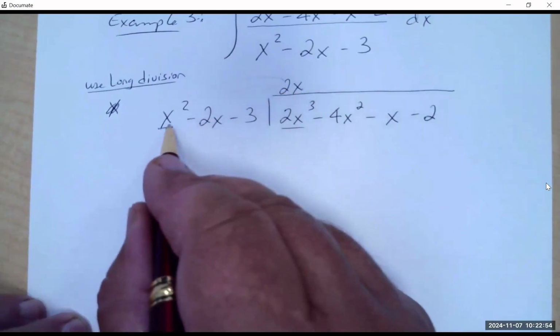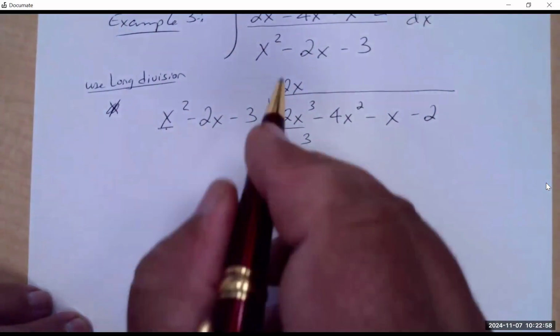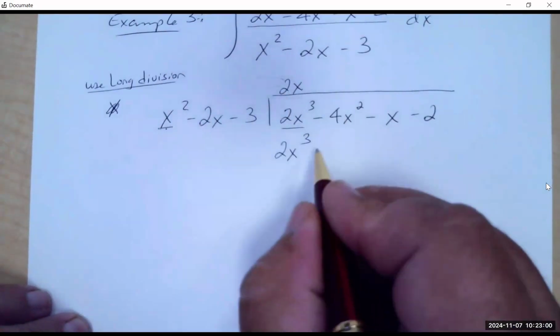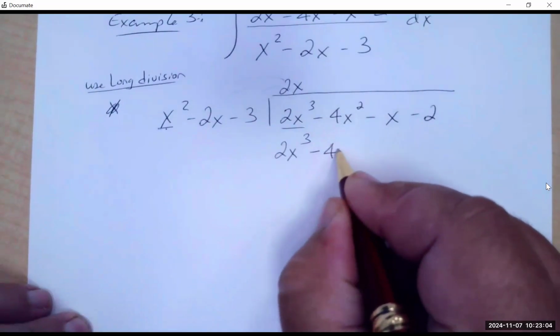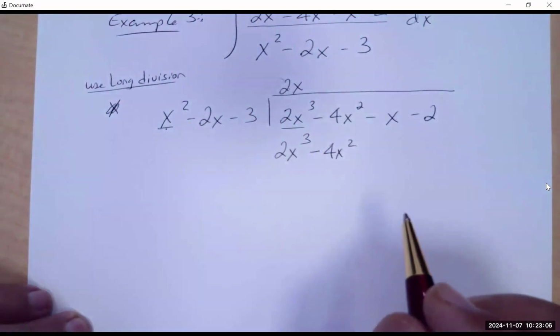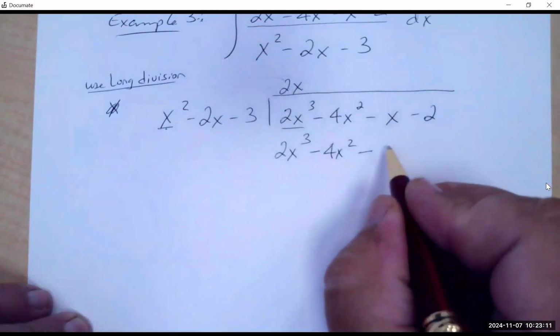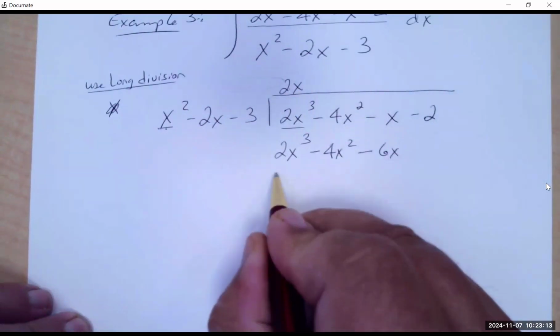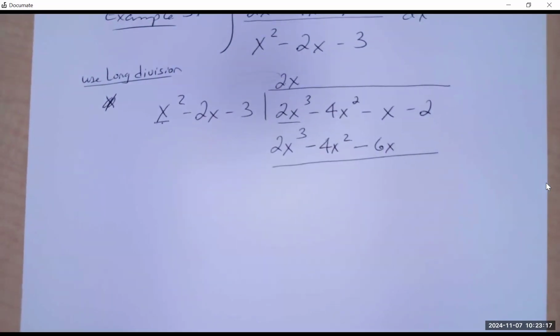So 2x times x squared is 2x cubed. Positive times negative is negative. 2x times 2x is 4x squared. Positive times negative is negative. 2x times 3 is 6x. Then what do we do?